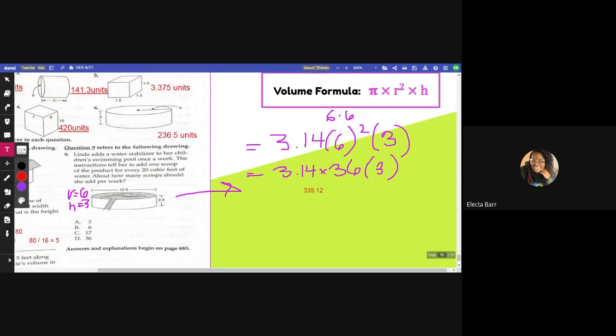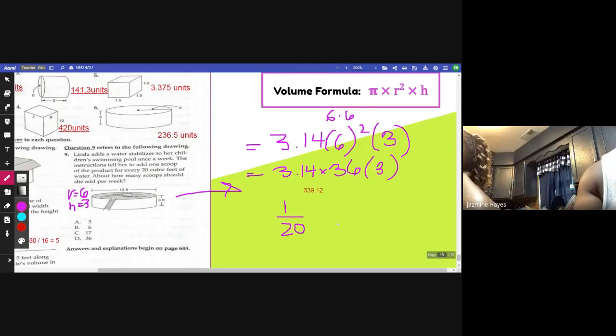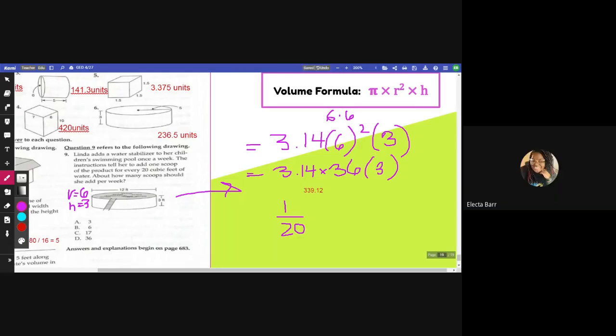Now she says that she has to add 1 scoop of product for every 20 feet. Remember, y'all, when we were doing proportions, right? 1 scoop for every 20 feet. That means that I'm writing 1 over 20. And she wants to know how many scoops.